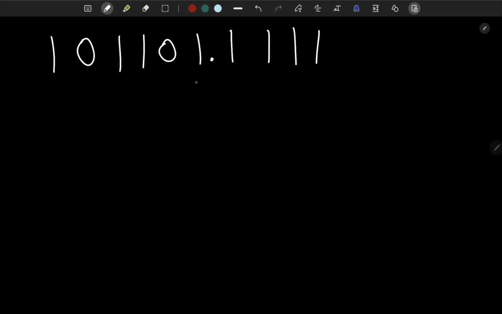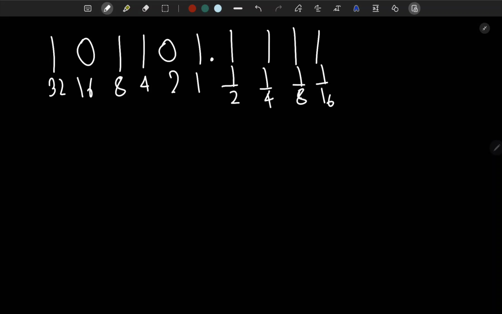So let's start by writing the base numbers. So here on the left hand side is going to be 1, 2, 4, 8, 16, and 32. And here is going to be 1 over 2, 1 over 4, 1 over 8, 1 over 16. Now we just simply add the ones up. 32 plus 8 plus 4 plus 1.